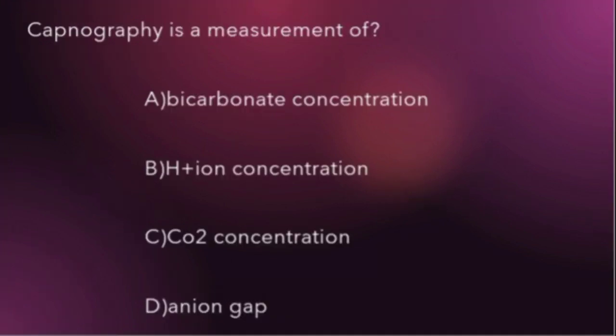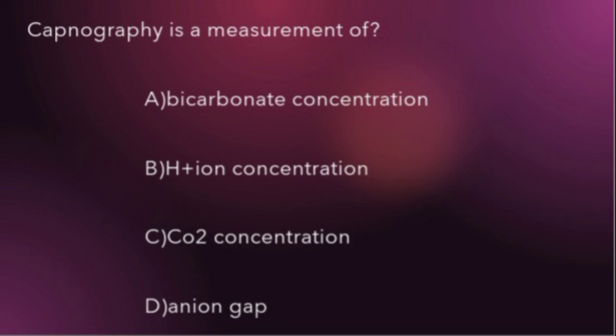Capnography is a measurement of option A, bicarbonate concentration, option B, H plus ion concentration, option C, CO2 concentration, option D, anion gap. Capnography is a measurement of partial pressure of carbon dioxide. So, correct answer is option C, CO2 concentration.